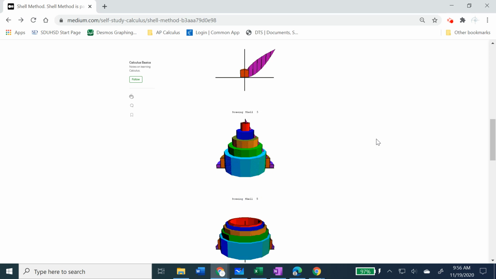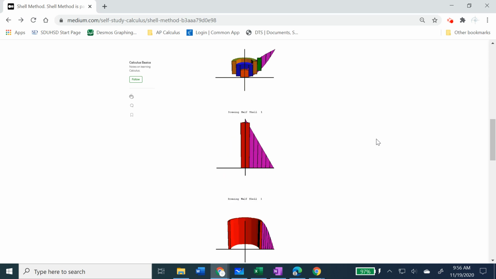So these actually look a lot like the nesting dolls. If you know what I mean, those little nesting dolls, pop it open. Oh, there's another one. Some people like to do that with boxes for gifts.